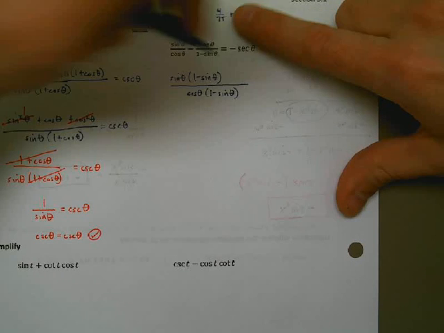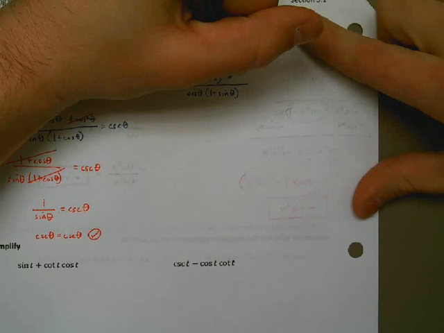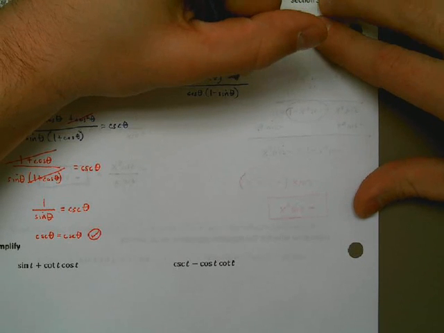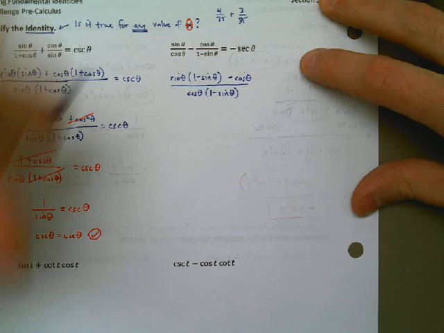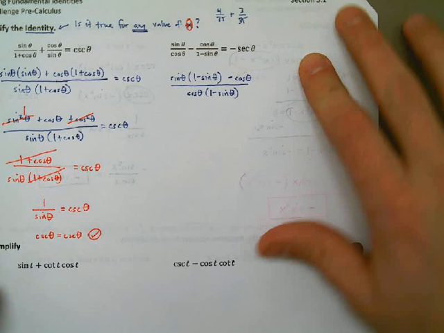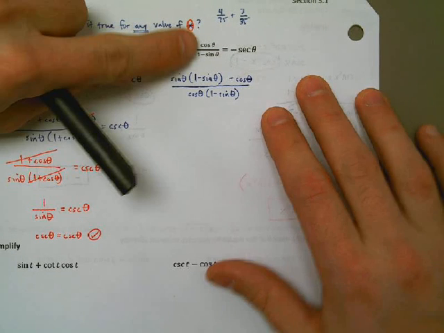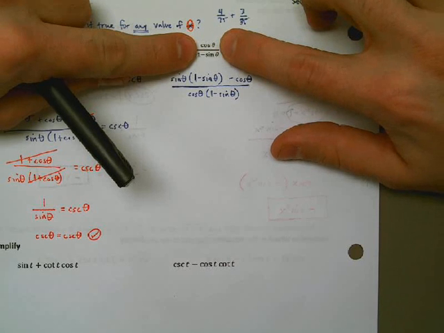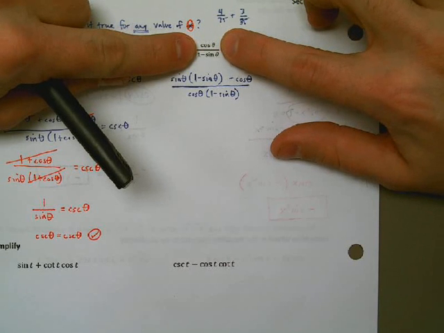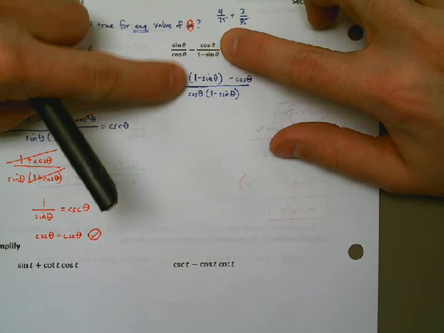Alright, next step. I take a look at this, I see sine squared and cosine squared, and I'm thinking back, alright, they're both negative. Sine squared plus cosine squared is positive 1, so if I multiplied everything by negative 1 here, I should be able to say that negative sine squared minus cosine squared is just negative 1.